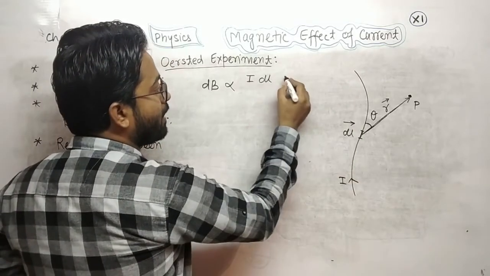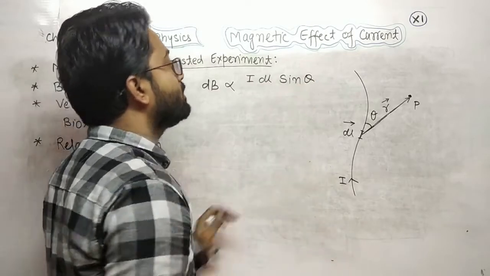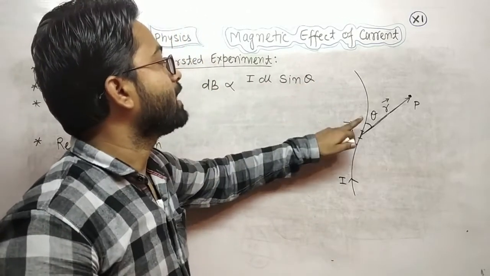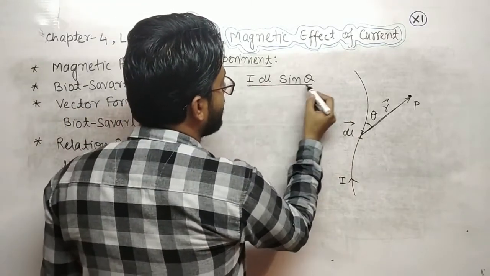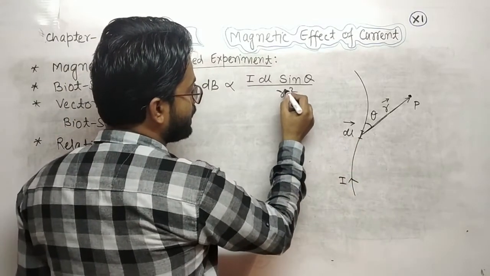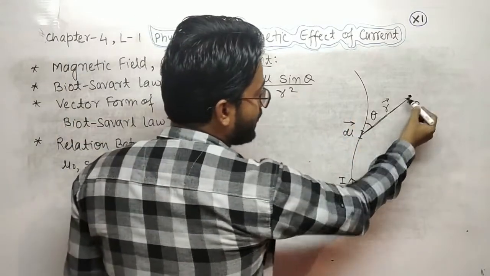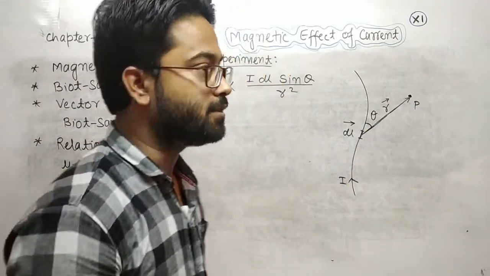And magnetic field is also directly proportional to the sine of that angle, I dl sine theta, and magnetic field is inversely proportional to the square of the distance between the point and dl.